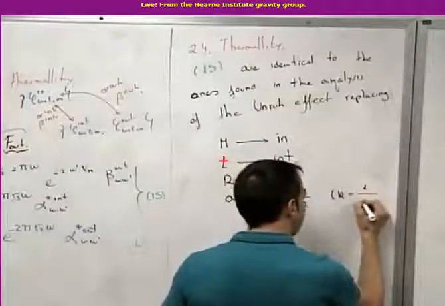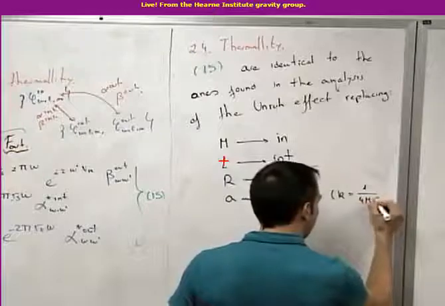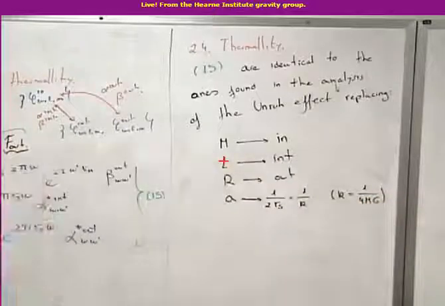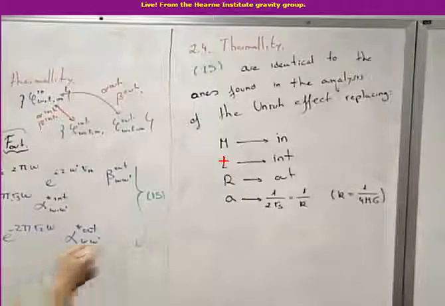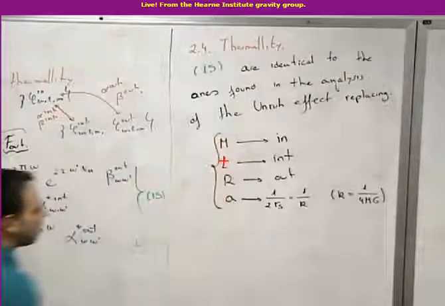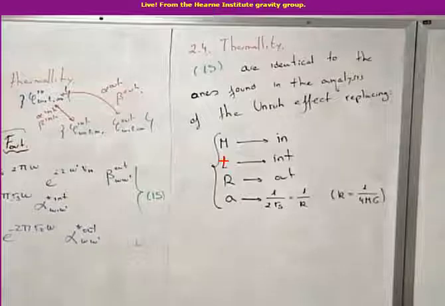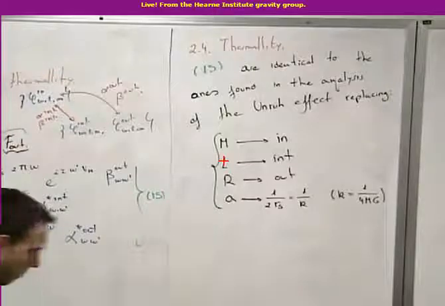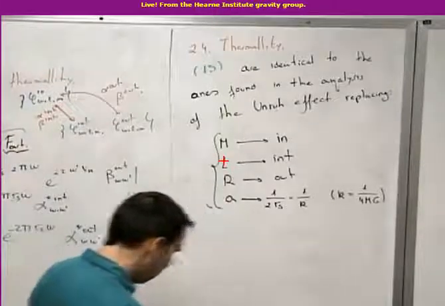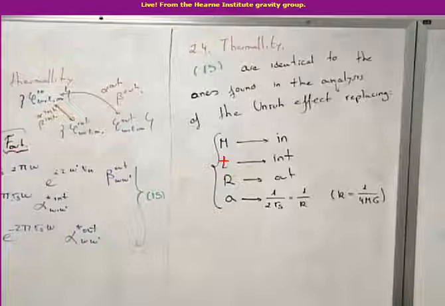A stationary black hole has a surface gravity 1 over 4 times the mass in appropriate units. With those changes, all the analysis that we did for the Unruh effect applies here. So we don't have to do the analysis again. We just have to copy the result and make those changes.